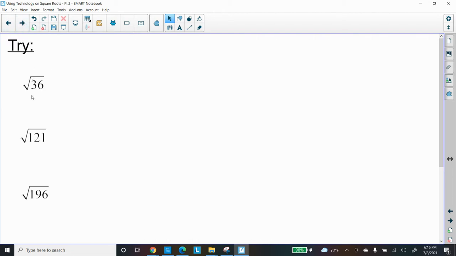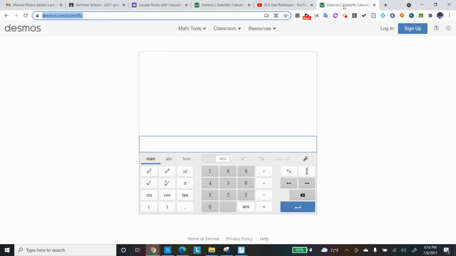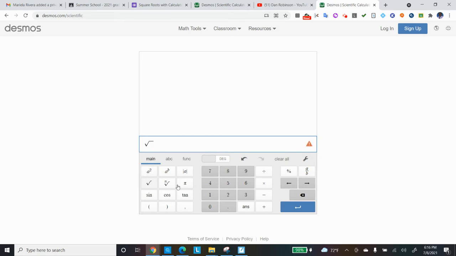So here's an example. We have the square root of 36. So let's go to Desmos calculator and type in the square root button. There's our first step. Type the number, second step, and then press enter, and there's your answer, 6. Then we had another example underneath that, square root of 121.